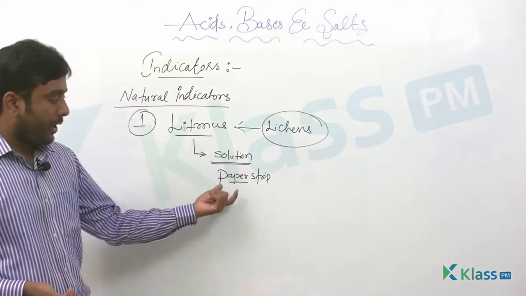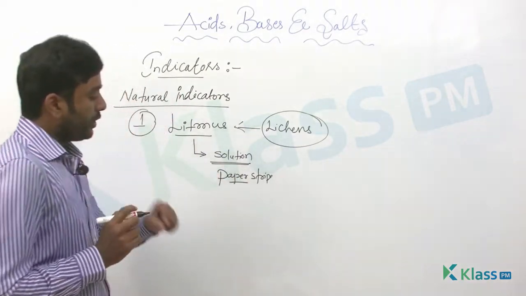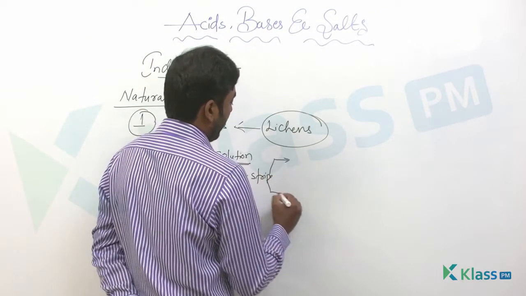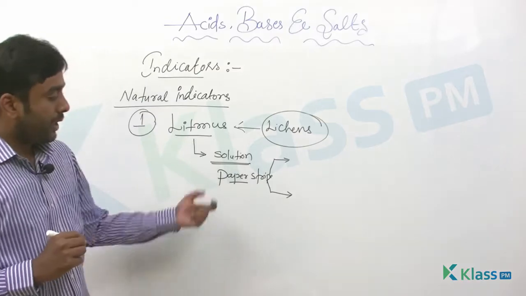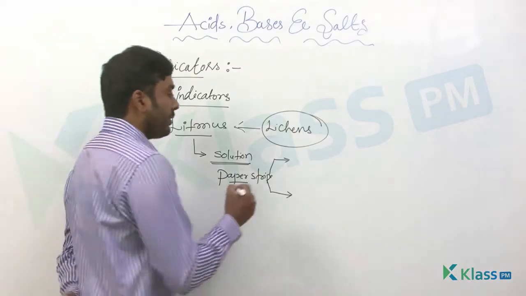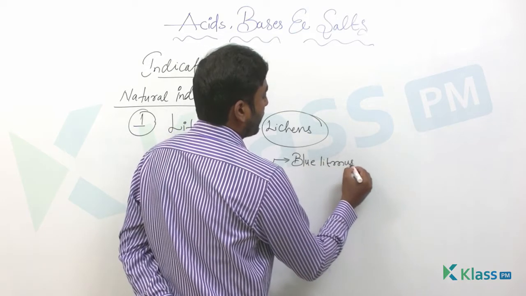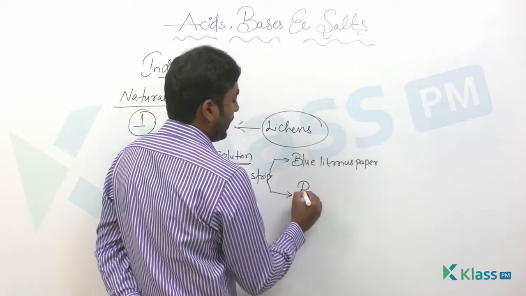Mostly we use the paper strips to identify acids and bases. Two colors of litmus paper are available: blue litmus paper and red litmus paper.